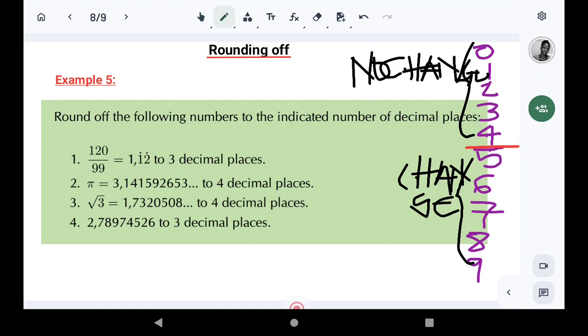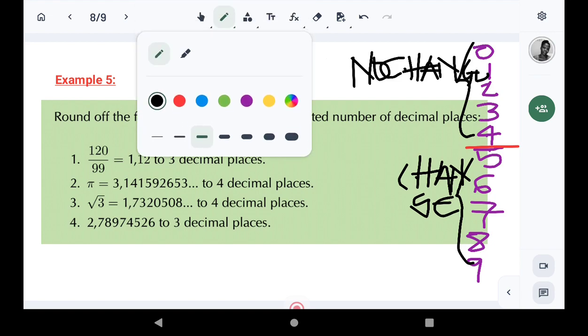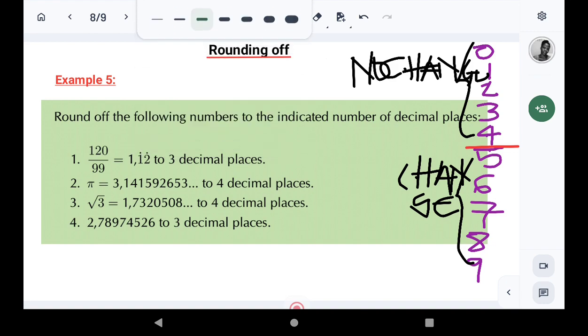So it should be 1,21 with the 2 and 1 having dots at the top. Essentially, that's what it will mean. That means 1,21212121, the 2 1 repeats indefinitely.